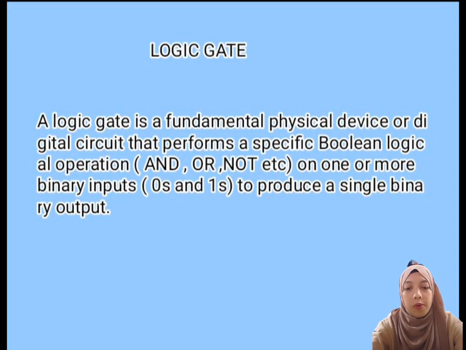Logic gates are fundamental physical devices or digital circuits that perform a specific Boolean logical operation, such as AND, OR, NOT, etc., on one or more binary inputs, 0s and 1s, to produce a single binary output.